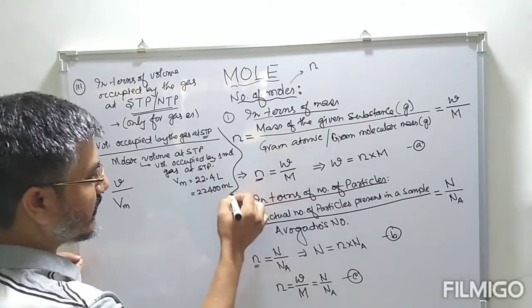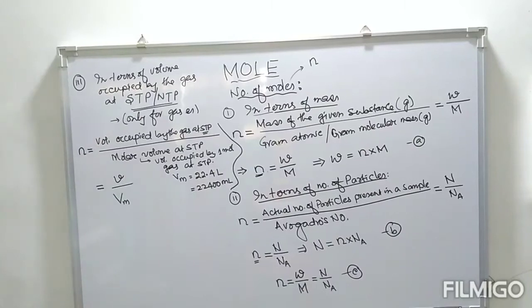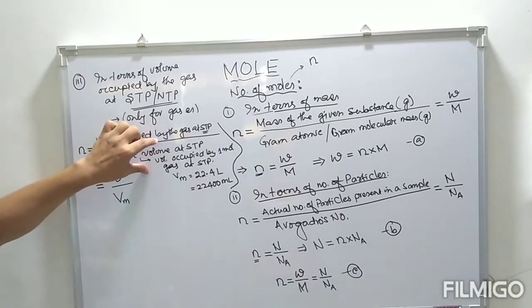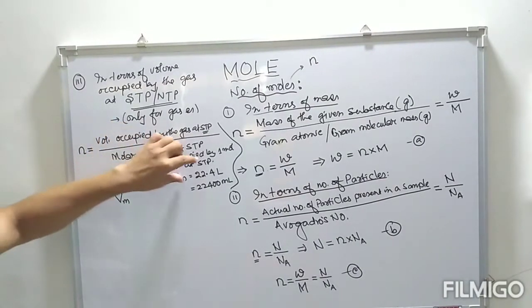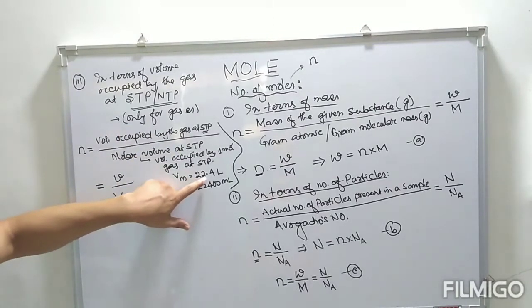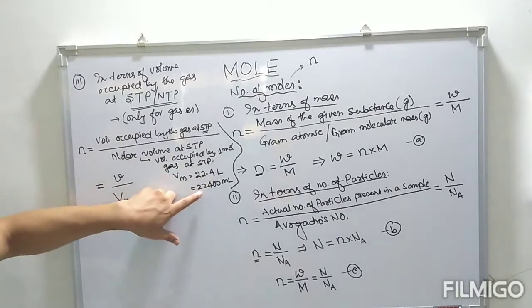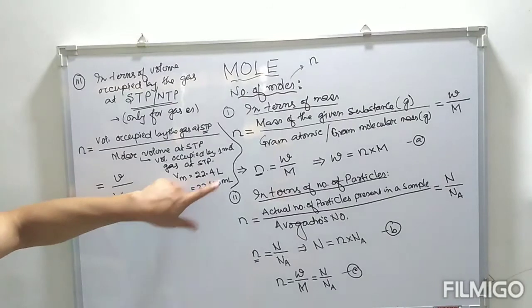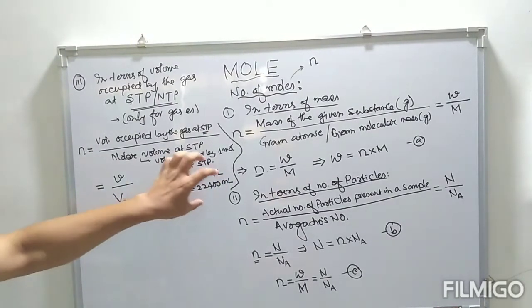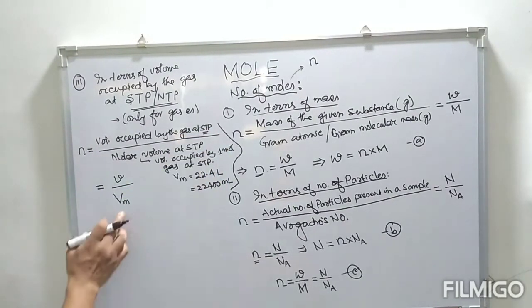So any gas which is known as an ideal gas, 1 mole of ideal gas at STP always occupies a volume of 22.4 liter or 22,400 ml. This is always a fixed quantity which is represented by Vn.